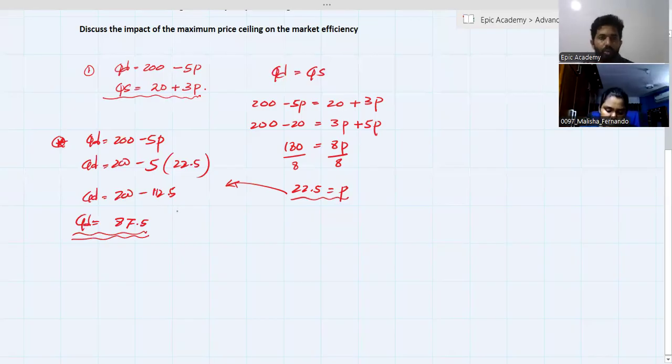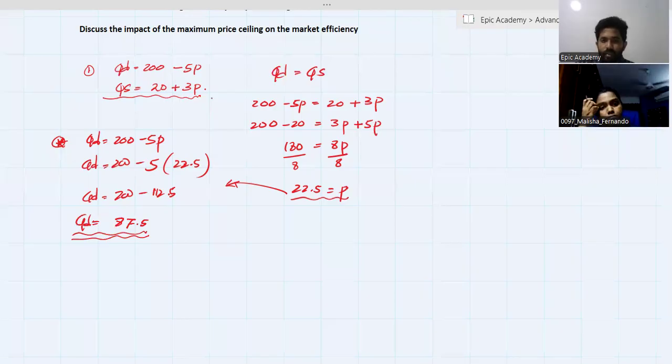So we have already identified the equilibrium position. But here you have to do one thing. I recommend that after finding the equilibrium price and equilibrium quantity, you draw them in a graph.